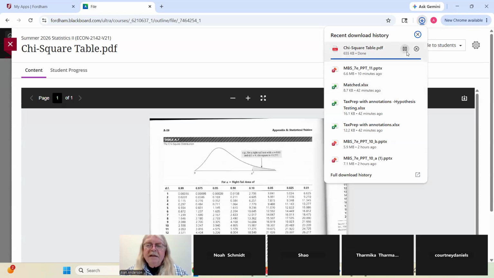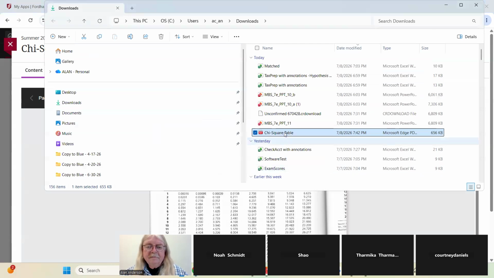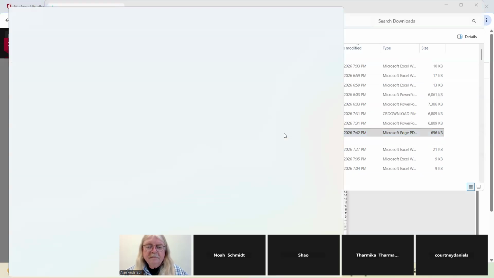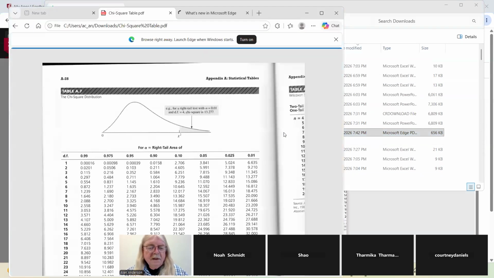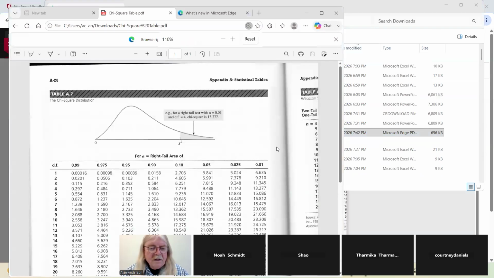Give it a minute to download. It's still messing around with us. There we go. Now, they have a nice little graph there. You can visualize what it's doing.